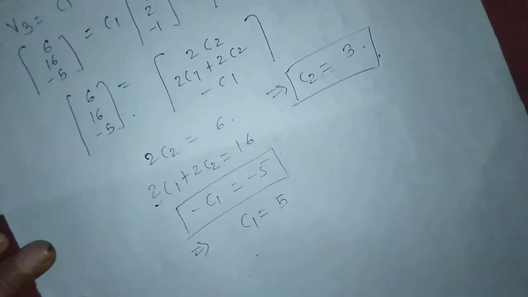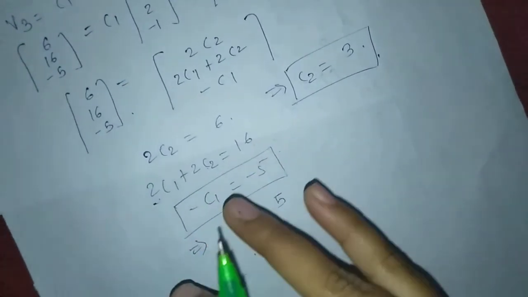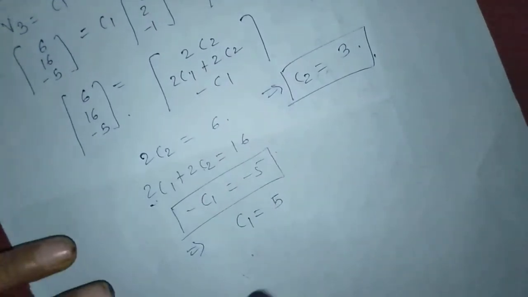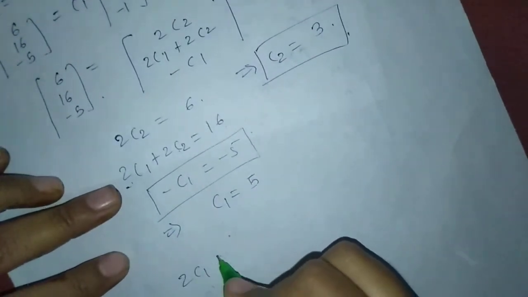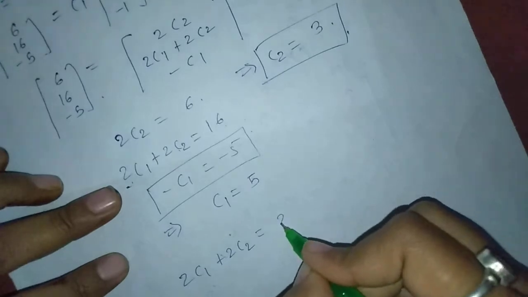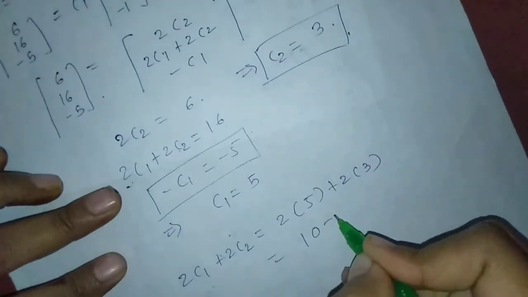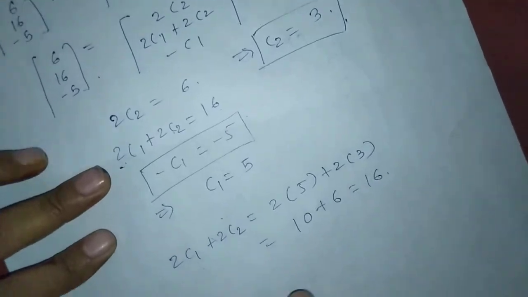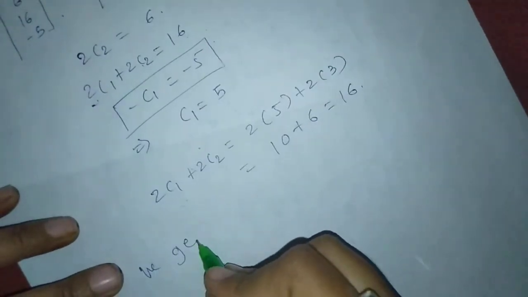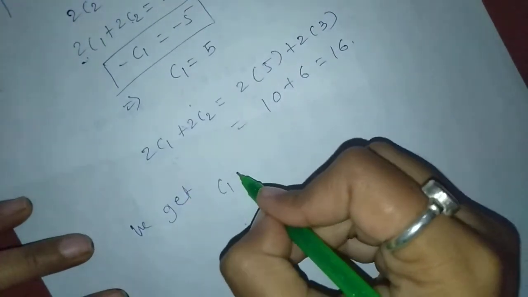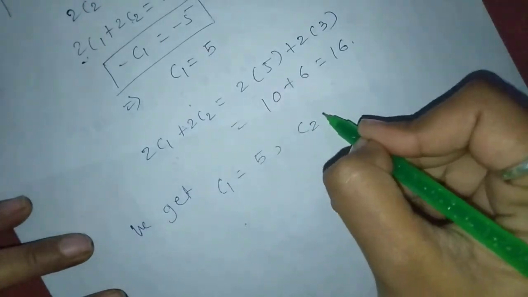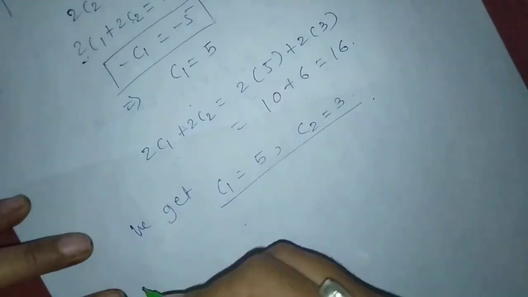Now put these in to check: if we get 16, then the values of c1, c2 are correct. 2c1 plus 2c2 equals 2 times 5 plus 2 times 3, which is 16. So c1 equal to 5, c2 equal to 3.